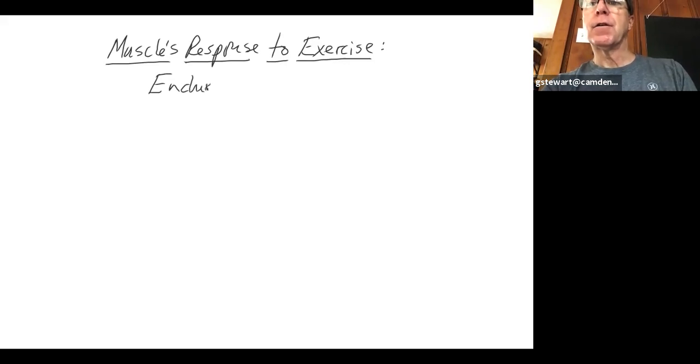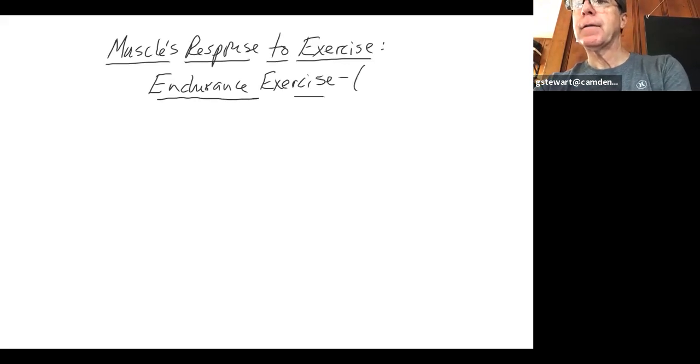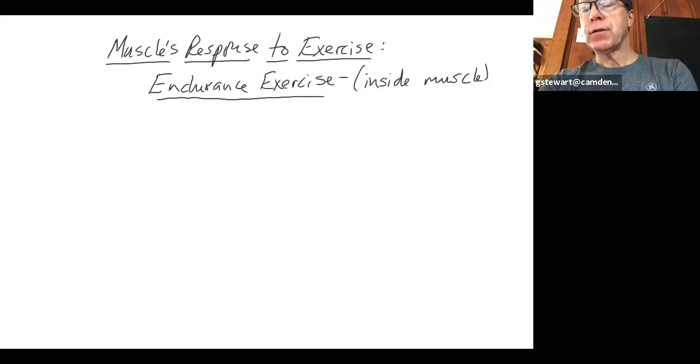So I'm going to write endurance exercise. Here's what's going on inside of the muscle. We know that an endurance exercise uses mostly slow oxidative fibers to accomplish this task, and we know that aerobic respiration is going on, but there are other things going on inside of the muscle.